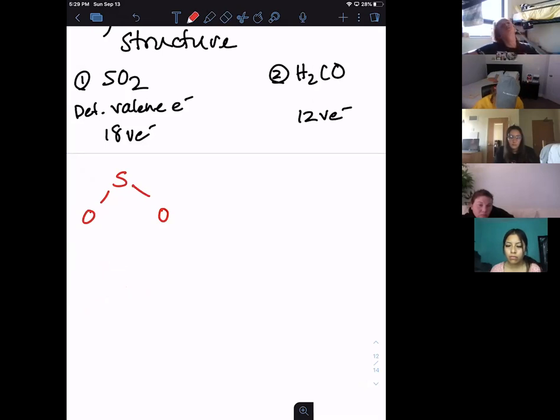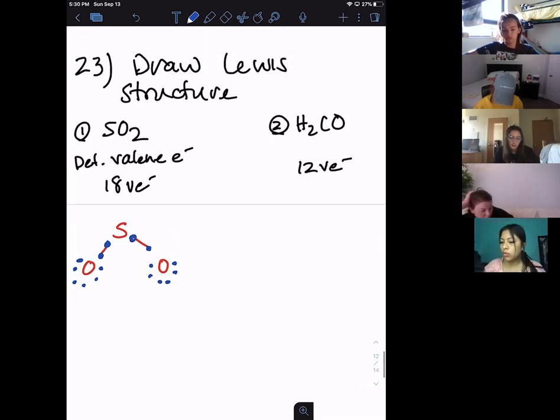So I'm going to do these in blue. That is 2, this is 4. These are called Lewis dot structures. Please actually put dots on, okay? 2, 4, 6, 8, 10, 12, 14, 16, and then 18.